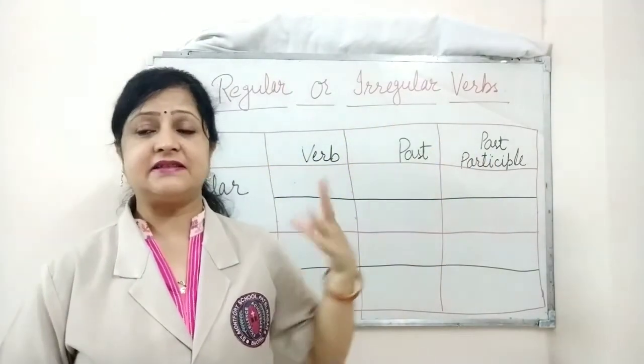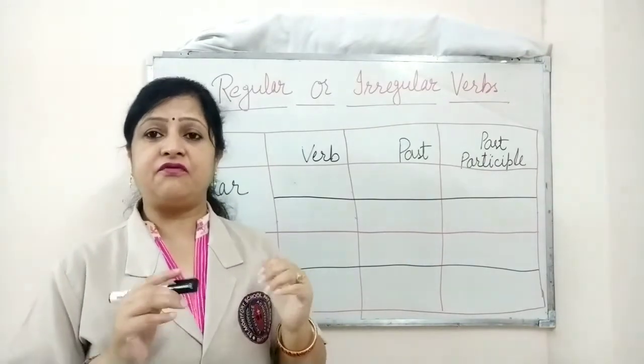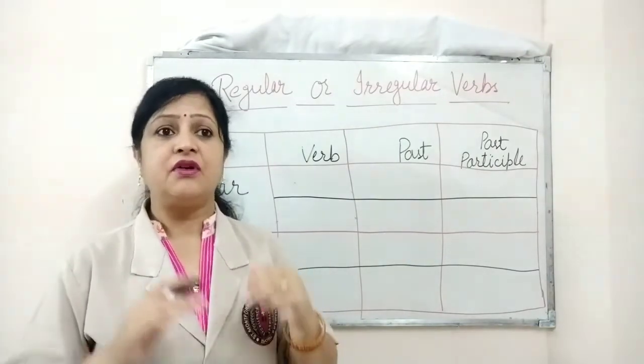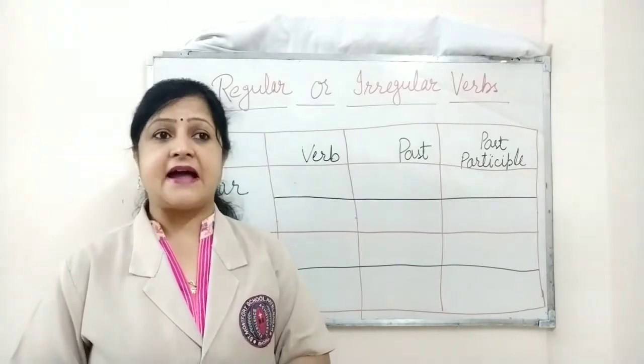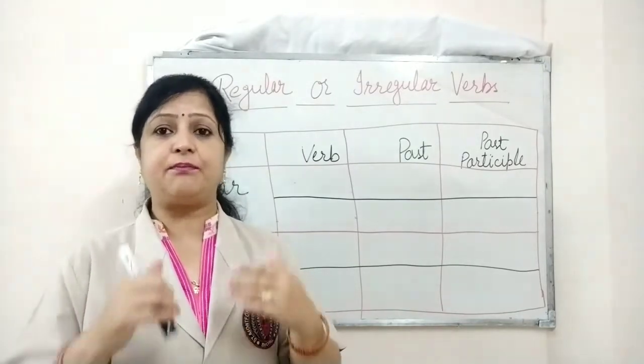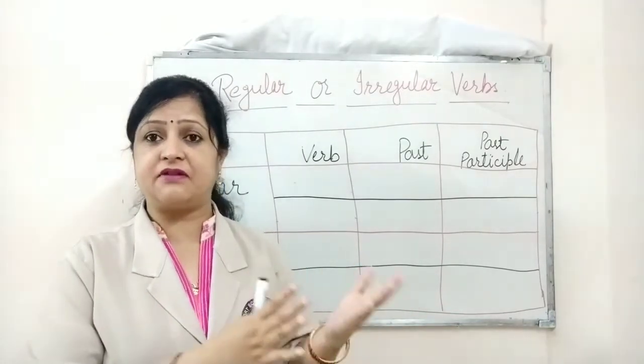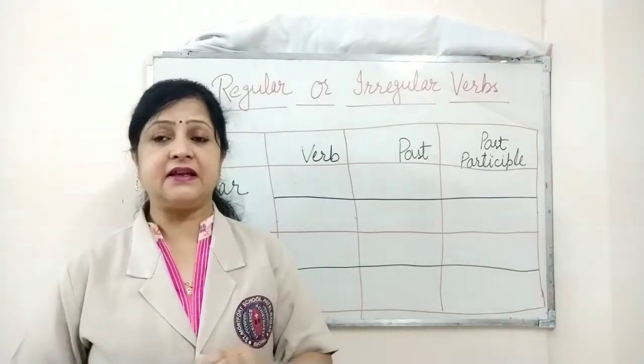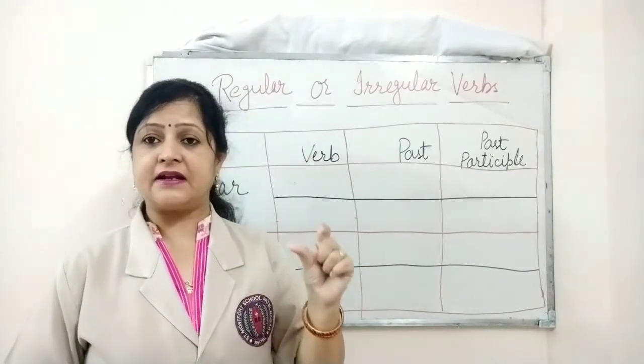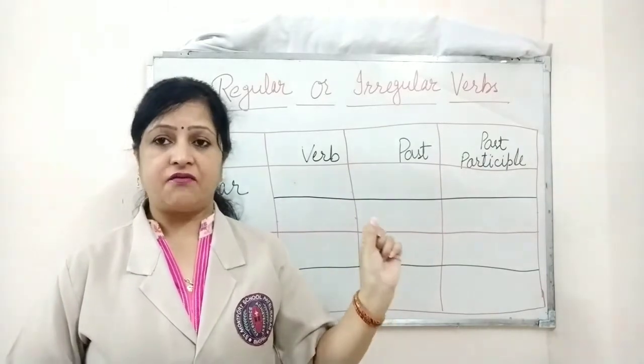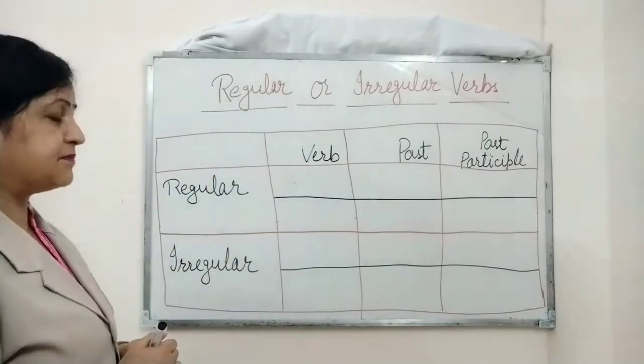Okay, so what are regular verbs? Regular verbs follow the same pattern and create the simple past and past participle forms by using the same word ending with ed. For example, let's take some examples here.